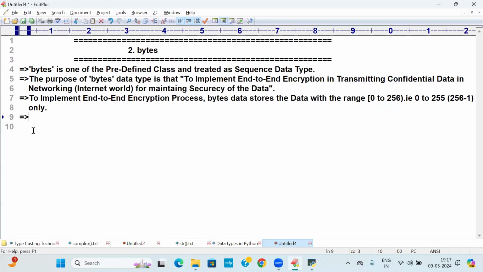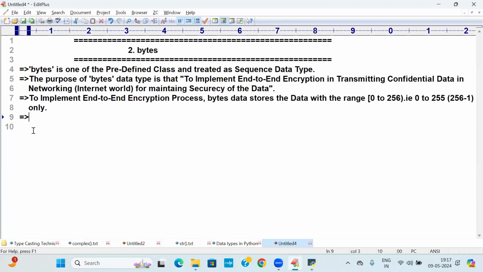That time, it uses the 0 to 256 organization of the data to encrypt your plain text into ciphertext. Ciphertext is an unknown format to the end user and to the hacker. When it reaches the other end device of WhatsApp, the other end has a decoding mechanism. Whatever is received in encoding will be decoded.